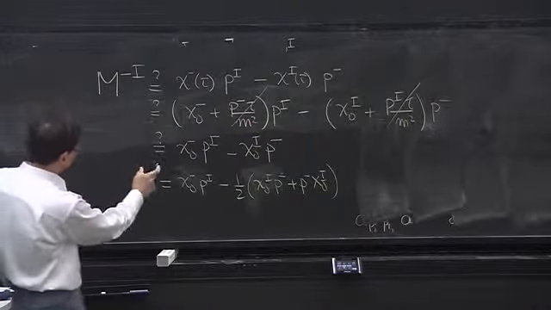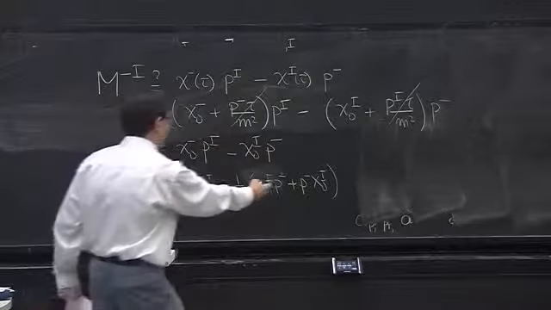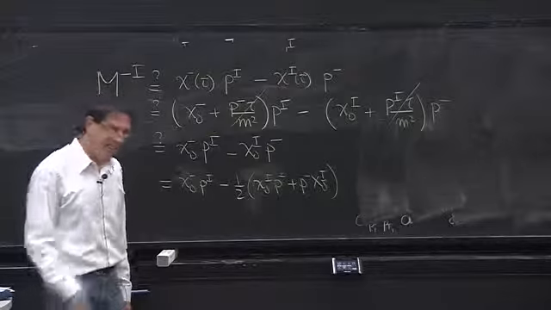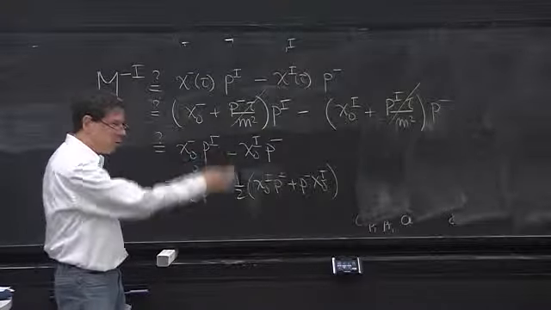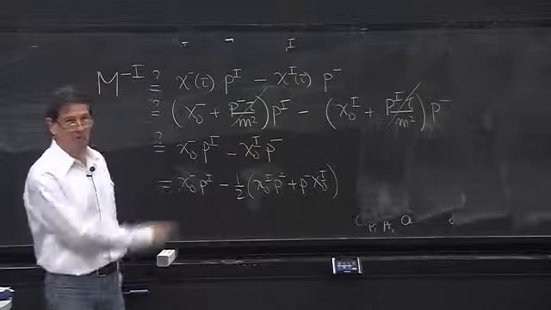You take the operator plus its Hermitian conjugate, and you divide by 2. In the classical theory, this would be probably the right thing to do because they're the same. So you hope this works.